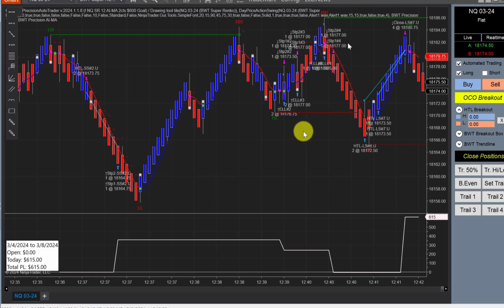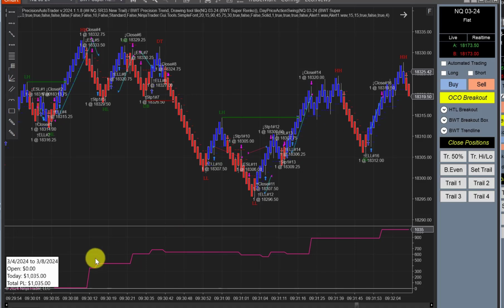Okay, this first chart, with $1,000 profit plus some positive slippage, was a single contract on the Superinco 33, which has been a really reliable template, and this was traded fully automated from the open. This was hands-free, 100% automation.